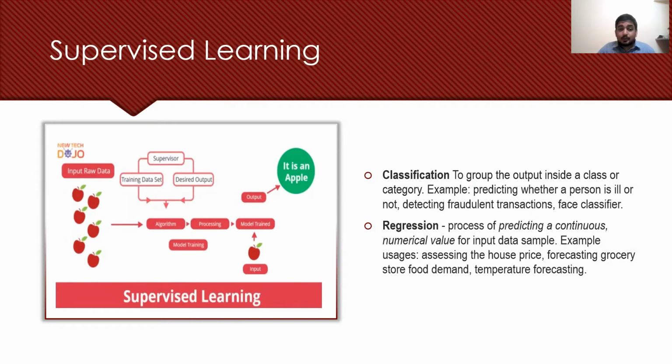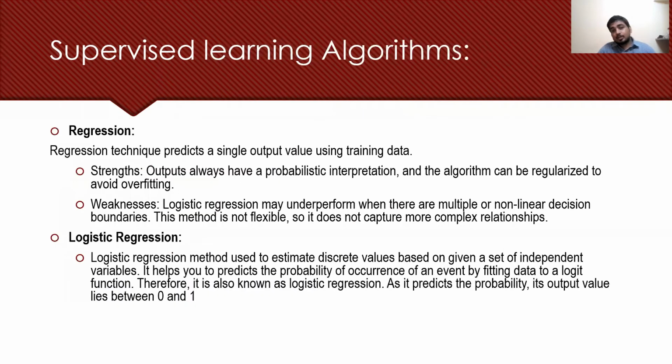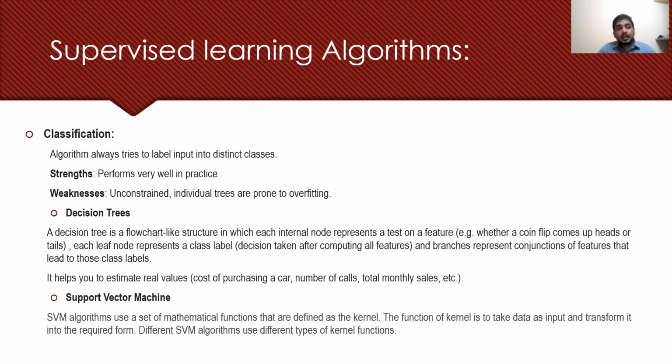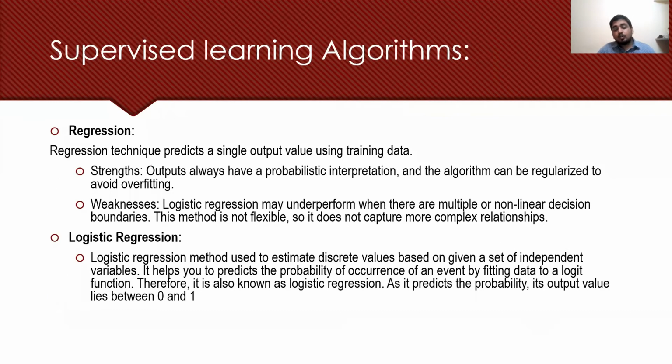For example, if you are predicting the pricing of anything, forecasting grocery products, or anything related to price which has a continuous value, you can see it as regression. Some supervised machine learning algorithms are regression and logistic regression, and some classification algorithms are decision trees and support vector machines.